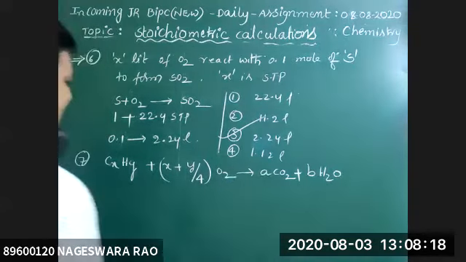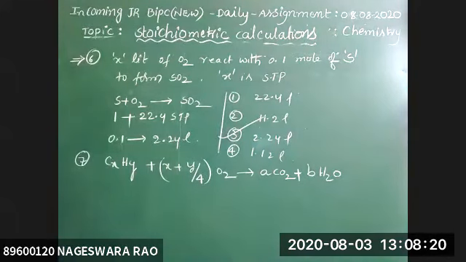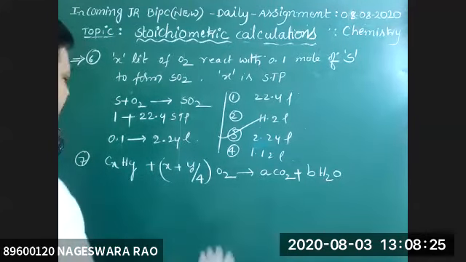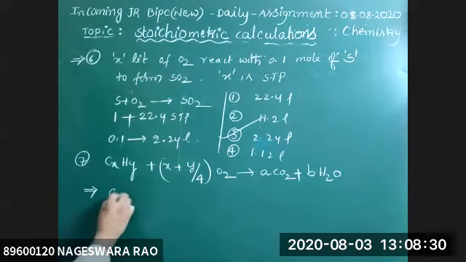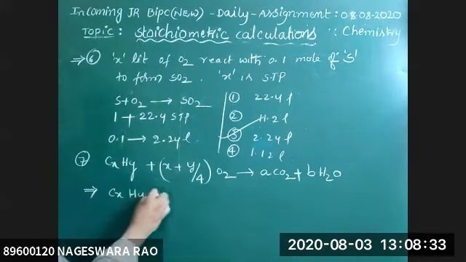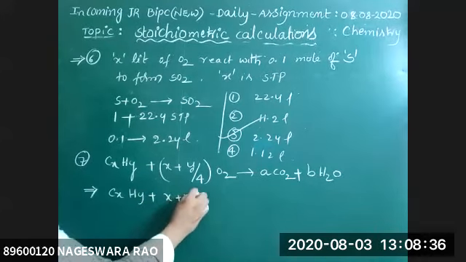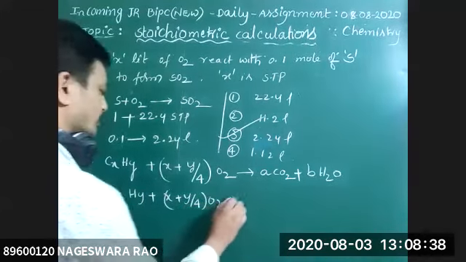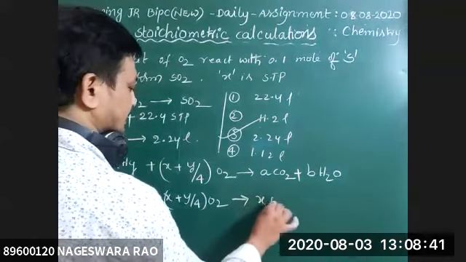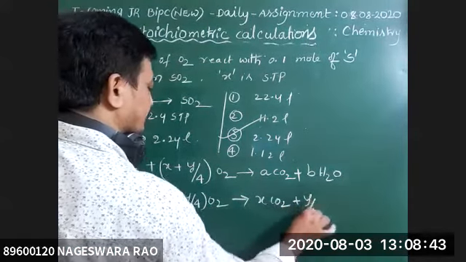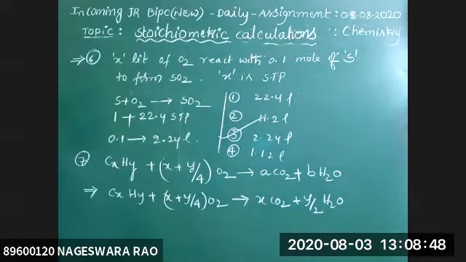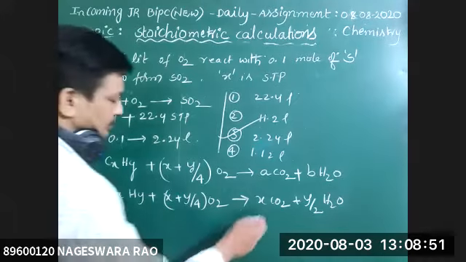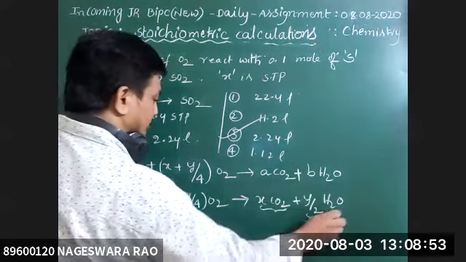So balance the moles. That means the number of moles of CO2 and the number of moles of water. So here, the complete equation: CxHy plus (x plus y by 4) O2 gives rise to xCO2 plus y by 2 H2O. How many moles of CO2 are formed? x moles of CO2 formed, y by 2 H2O is formed.